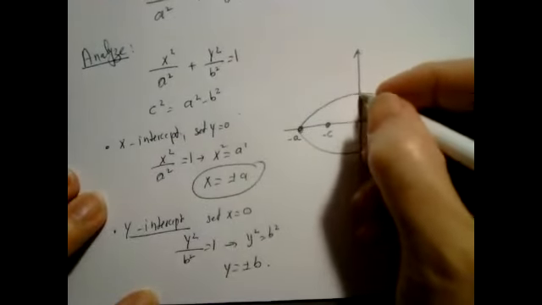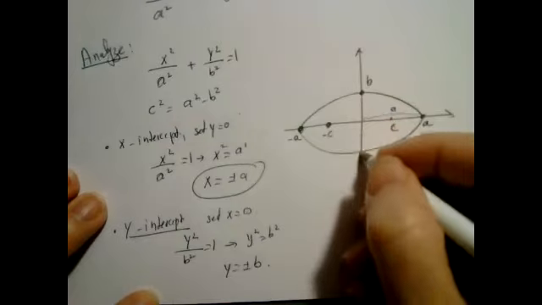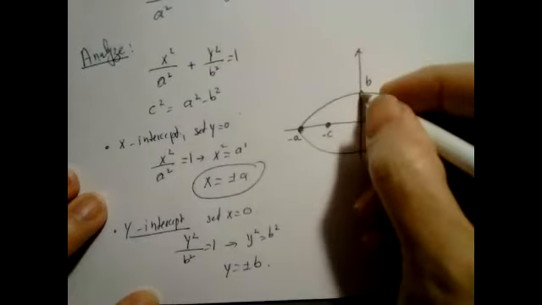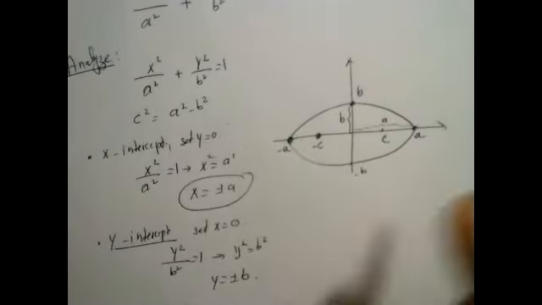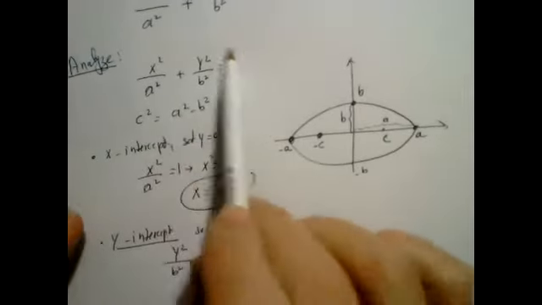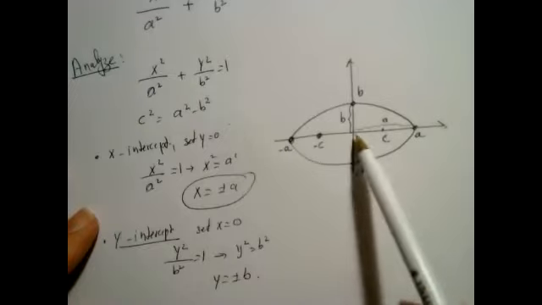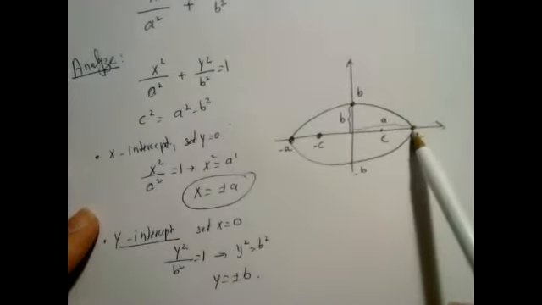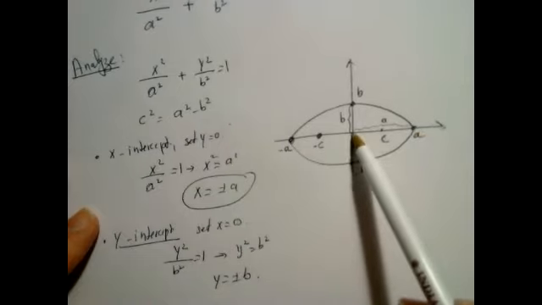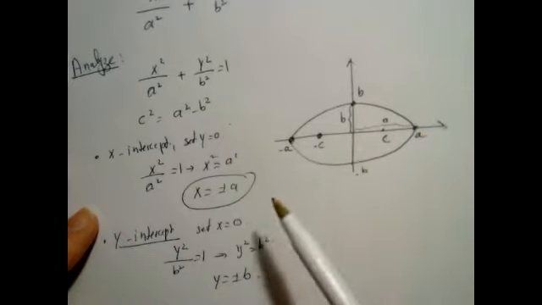So in the picture, this is b, and this is minus b. The b is from here to here. So in the equation of the ellipse, a is from the center to this vertex, if you want, and b is from here all the way up to here.